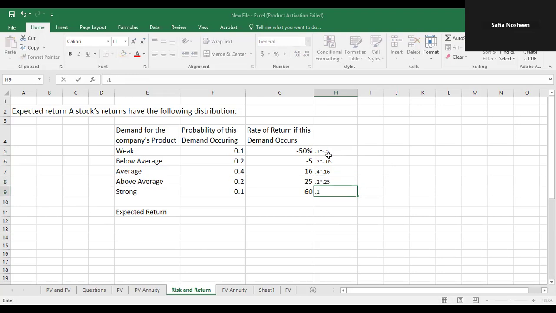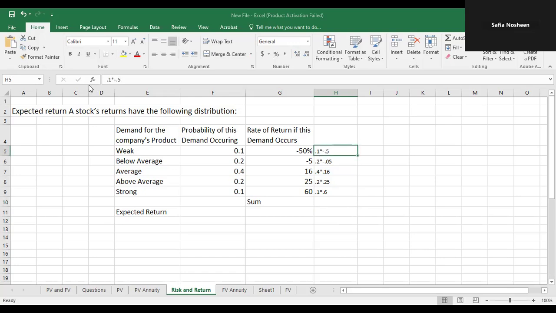The last one, 0.1 multiplied with 0.6. So we just multiply the probability with the rate of returns, and the sum of these weighted returns will give us the expected return.